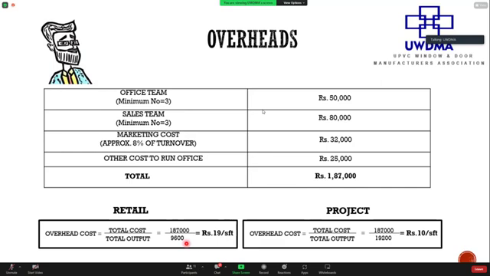As you remember, we calculated 9600 square feet for retail sites and 19200 for your project sites. So here we are dividing it by the total number of square feet, and then we are getting rupees 19 per square feet for your retail sites and rupees 10 per square feet for your project site.